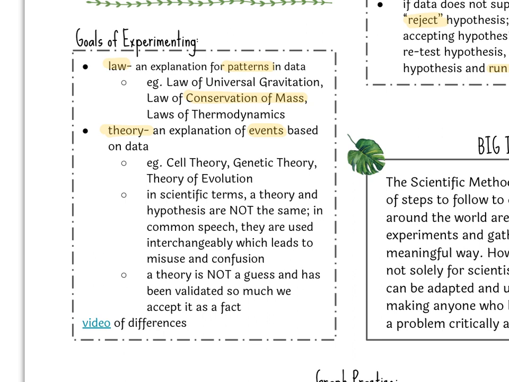And I'll remind you, in order for things to be elevated to a law or a theory, they have to be tested hundreds and hundreds and hundreds of times and proven hundreds and hundreds of times before they can get to this status. Okay? And so some examples of some common theories that we're especially going to talk about in this class are the cell theory, the genetic theory, and the theory of evolution.